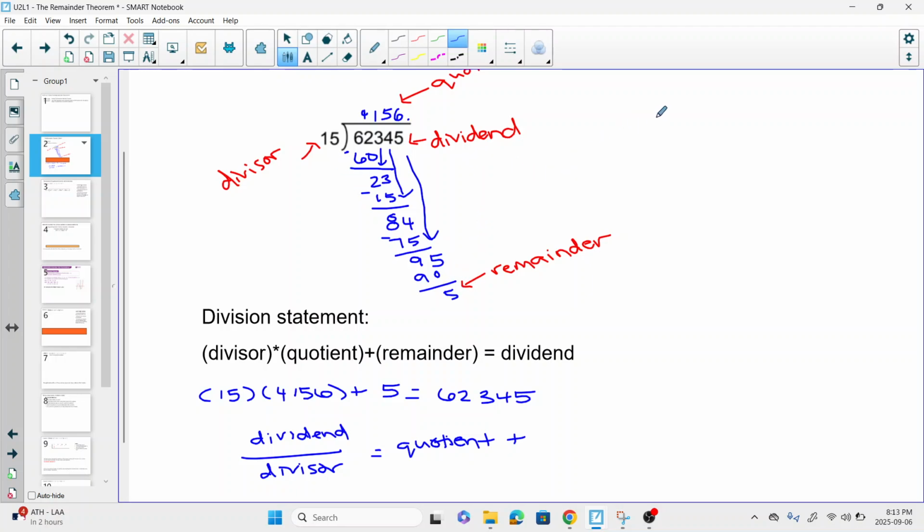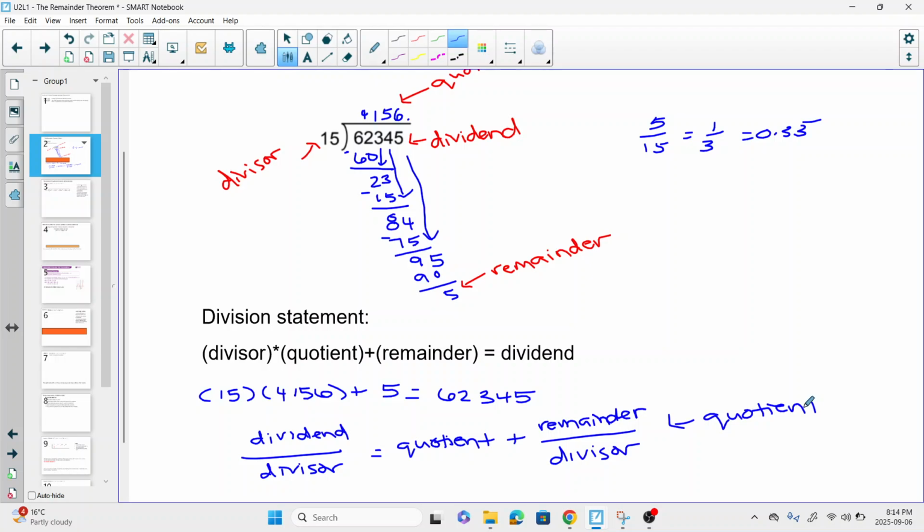It would be the decimal that is equivalent to 5 over 15, which is 1/3, which would be 0.33 continuous. So it would be the quotient plus the remainder divided by the divisor. And that is our quotient form, and we're not really going to deal with it as much, but if you do come across it, that is our quotient form.